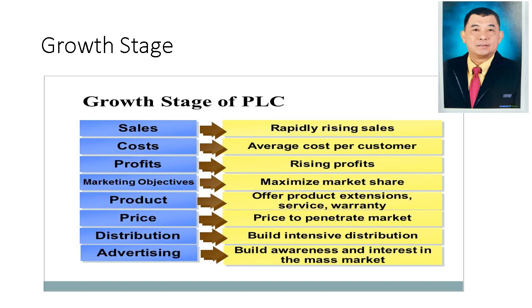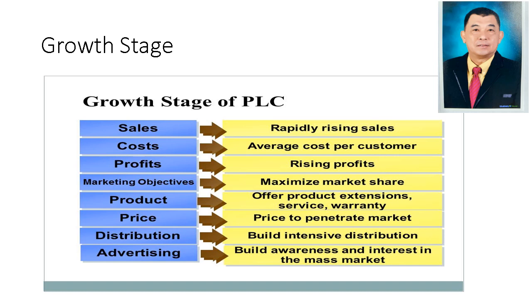Profit increases during the growth stage, meaning to say, in the economies of scale, as you increase the volume of your production, your average unit cost tends to decrease. Thus, the main objective in the growth stage is to maximize the market share. That is the market strategy.